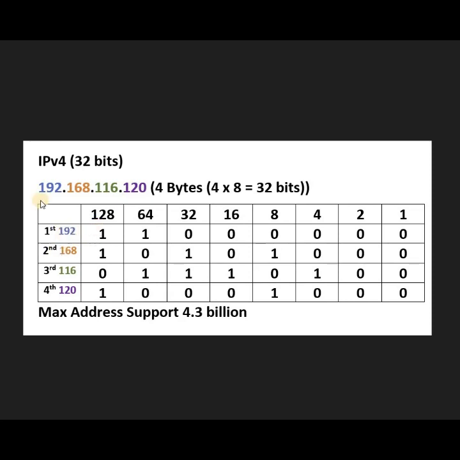So if the first was 192, then it would turn that on with a 1, so it'd be 128 plus 64, which would equal 192. And then 168, the second, would be 128 plus 32 plus 8, and so forth. So that's basically how IPv4 worked, and the maximum address support was 4.3 billion.